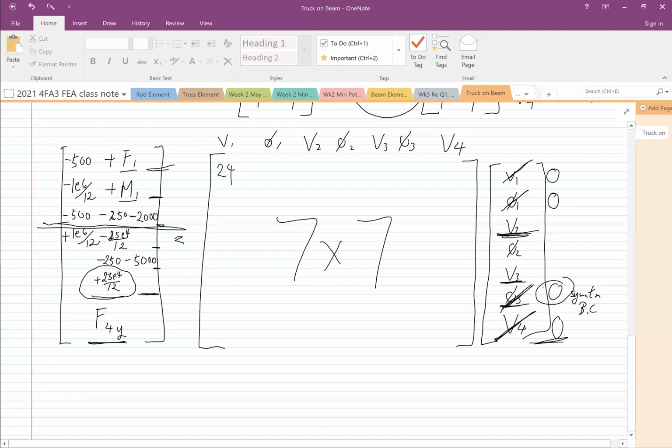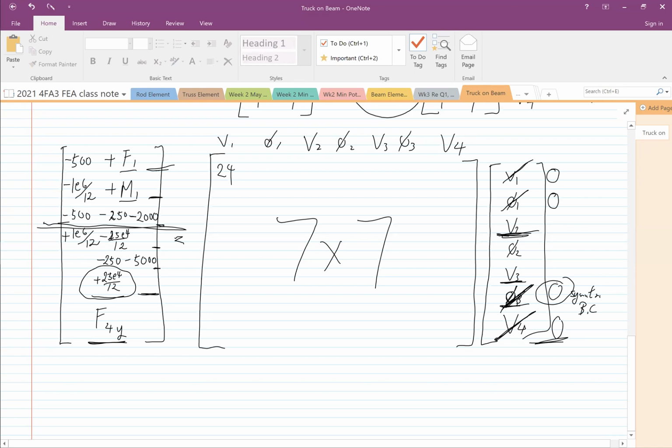Leave it, it's fine. Because if I leave it as an unknown, multiply that and solve it, you will get 0. Trust me, you will get 0. But right here, I just knew it beforehand. It's symmetric, so I just apply 0.